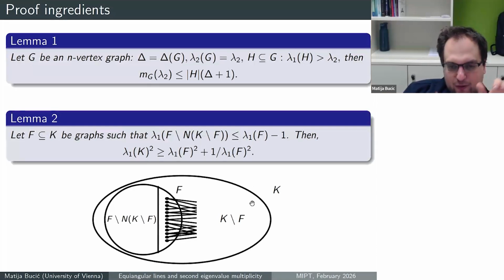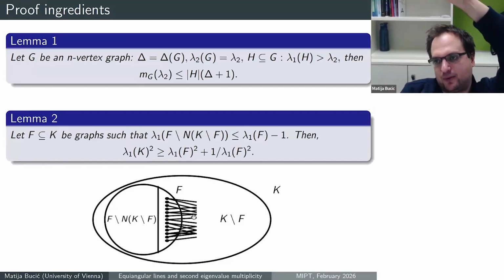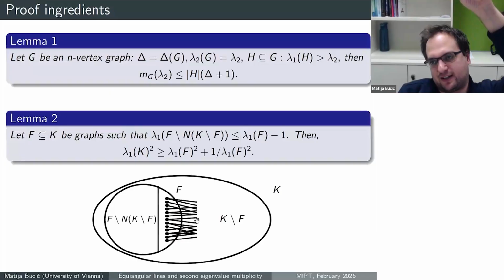It's a somewhat counterintuitive lemma when you see it the first time, but it's essentially saying that the boundary vertices here are responsible for a decent amount of the density, or of the reason why the largest eigenvalue of F is large. So they're not irrelevant as in this lollipop example, where when you add something to it, you get very little impact on the largest eigenvalue.